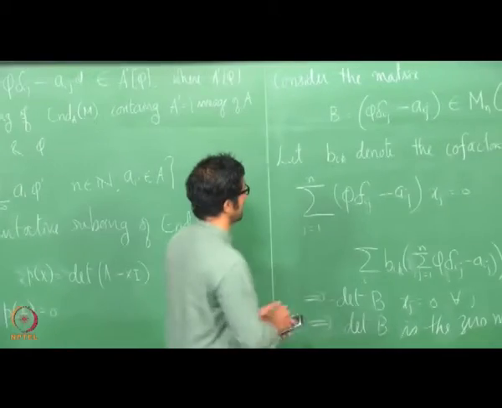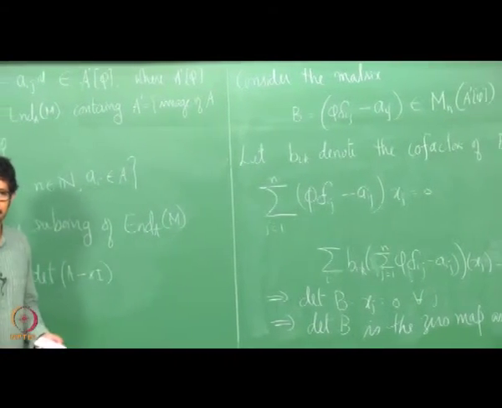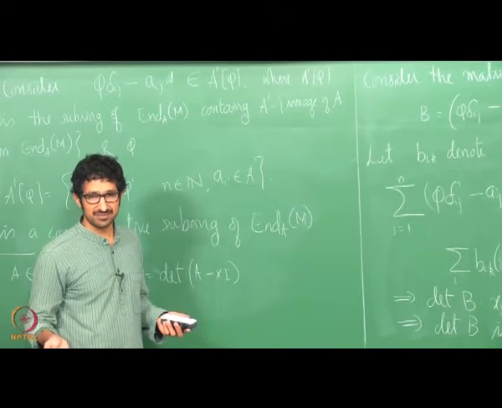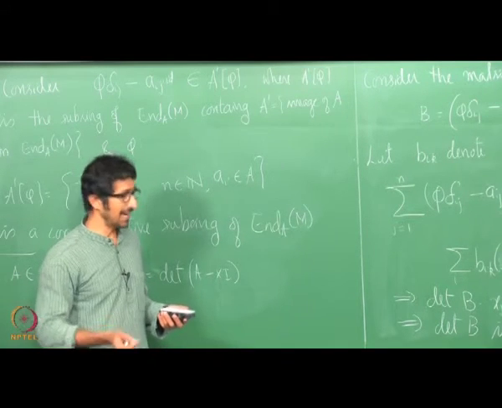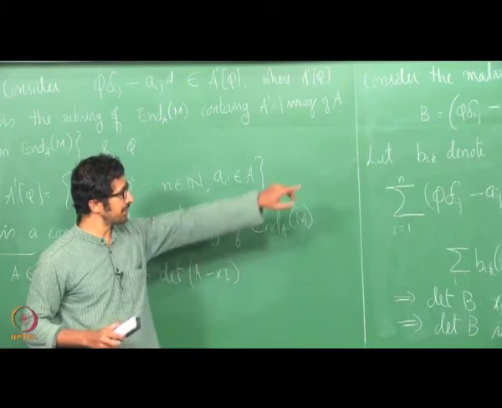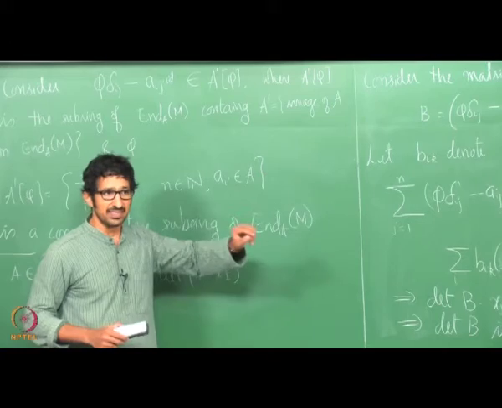Now, look at each a_ij. They come not only from the ring but from the ideal I, because you know φ of M is contained in I M. So, therefore, each a_ij comes from I.